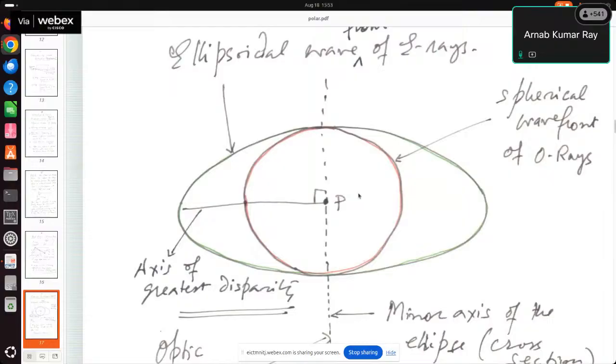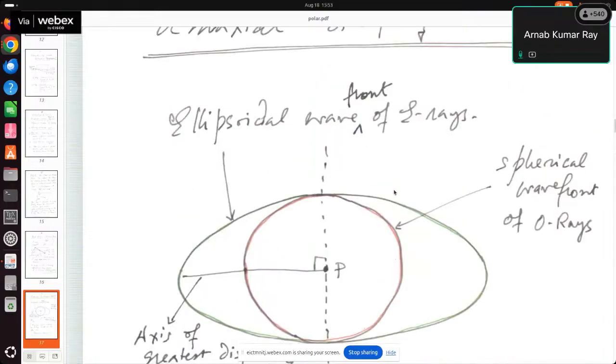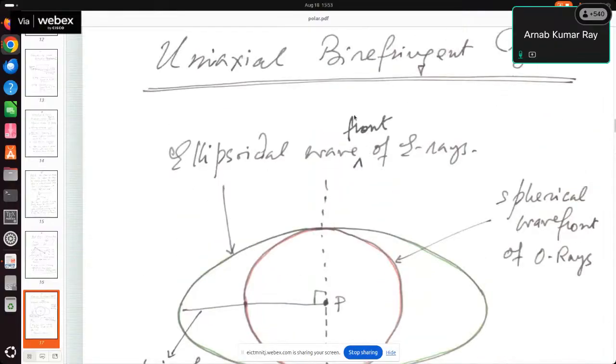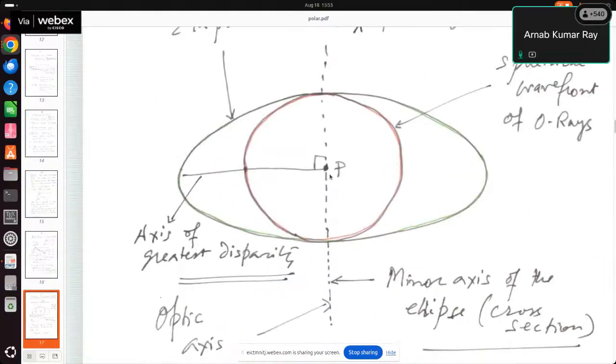Let us now try to understand this thing. Here we are talking about a birefringent crystal, a double refracting crystal with a single axis. Here's a point P. Let us say that point P is a source of waves. It could be a secondary source, it could be a primary source, whatever. We are not worrying too much about that. We are just worrying about the simple geometrical construct of what happens.